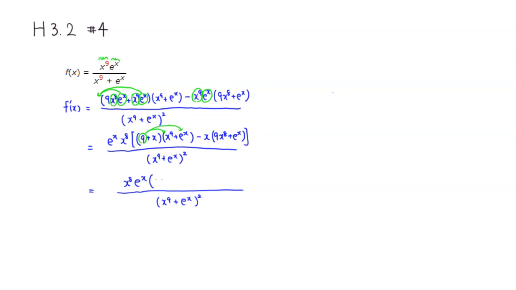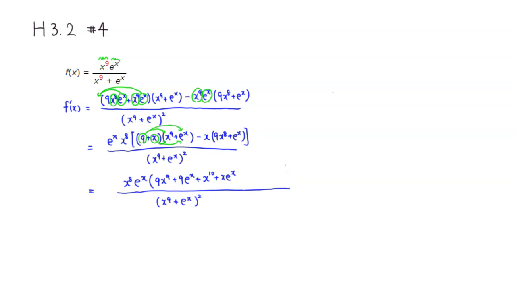So you have 9x to the 9th plus 9 times e to the x. Then if you distribute x to x to the 9th and e to the x, we're going to have x to the 10th power plus x e to the x.